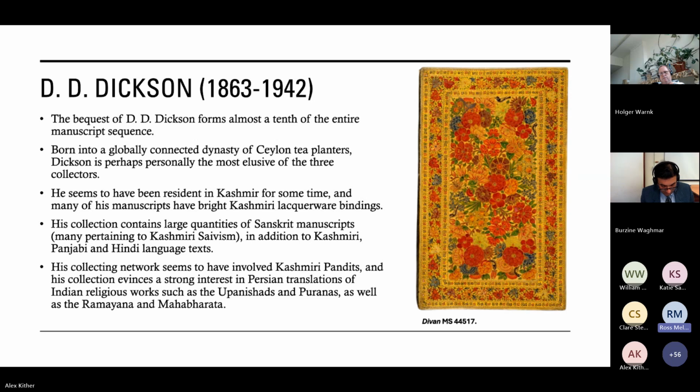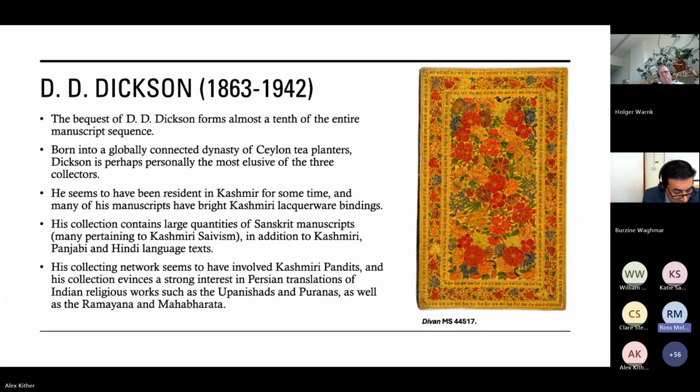But he certainly seems to have been resident in Kashmir for some length of time, and this is signalled particularly strongly by the common occurrence of these wonderful Kashmiri lacquerware bindings on his manuscripts.